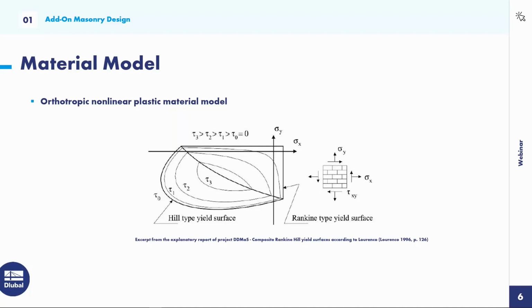There would be many different approaches available, for example, with more yield surfaces, that would mean that the material behavior would be described in much more detail, but there would also be disadvantages in implementation or in stability of the calculation. The comparative calculations showed us that the results are very good with our chosen material model.